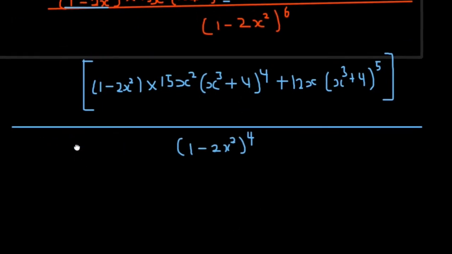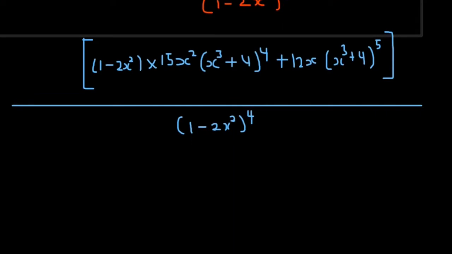So what I'm going to do next is, I have 15x squared here. You see that you can multiply this by this directly. Although they are all multiplying each other, this is to the power 4. So before I can multiply this 15 by this bracket, I would have to expand. But I see that this is just 1 minus 2x squared, so I can multiply this 15 here by this. First of all, 15 times 1 will still be 15, and then 15 times minus 2x squared will give me 30x to the power 4.